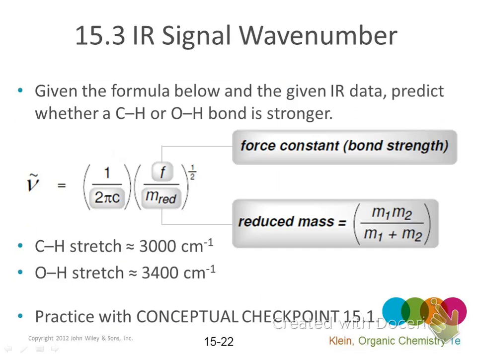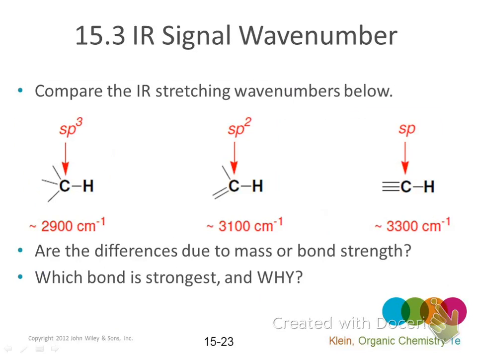Okay, now here's another interesting thing. When we say aliphatic and aromatic, or vinyl, that indicates the type of pi bonding we have in a system.